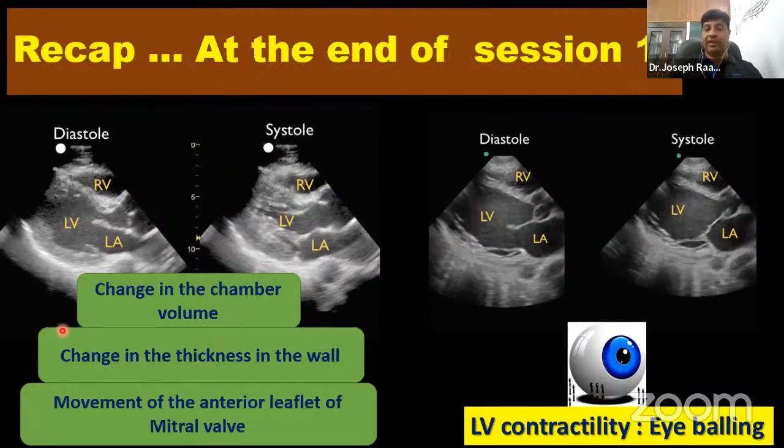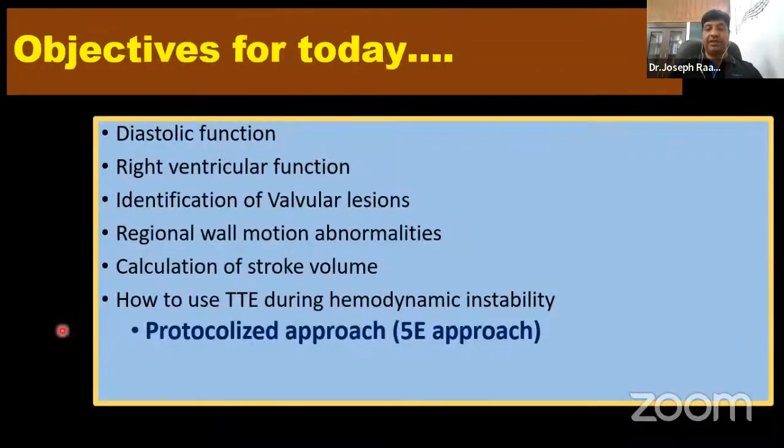As we move on to our next session, we need to know as an anesthetist what other information we can get from this bedside echo. It's not a comprehensive evaluation of the echocardiogram, as you know. With echocardiogram as a bedside tool, we will start with the diastolic function, and then move on to how to assess the right ventricular function. Then identification of significant valvular lesions, especially the stenotic lesions.